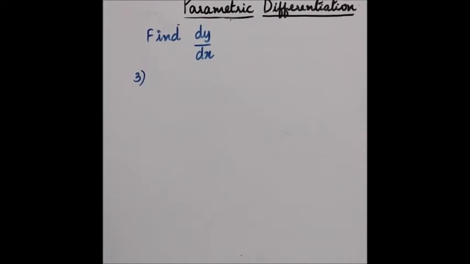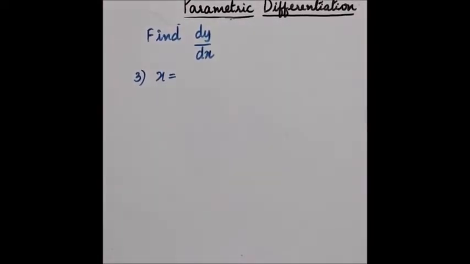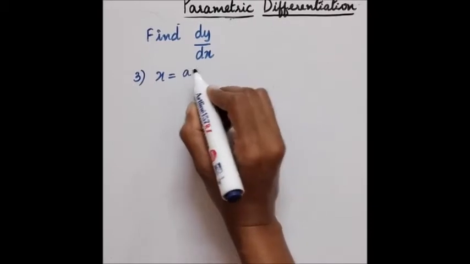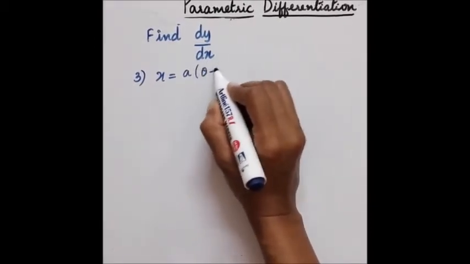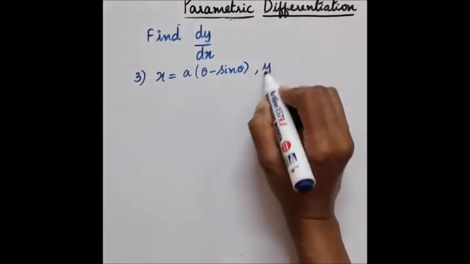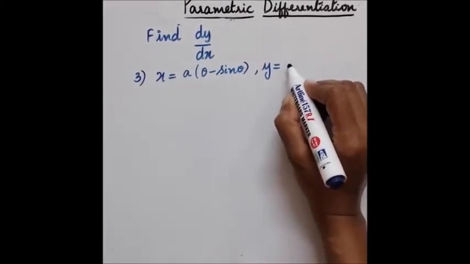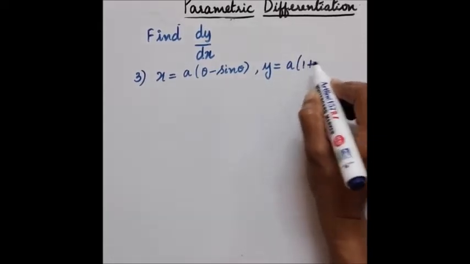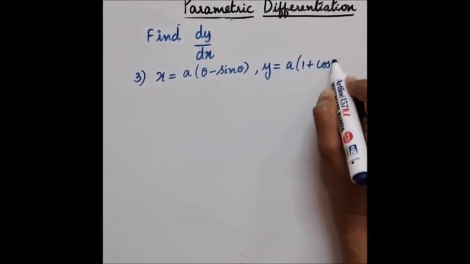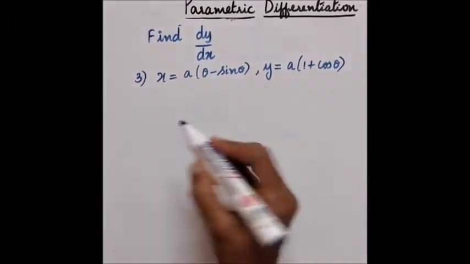The third question is x equal to a into theta minus sine theta and y is equal to a into 1 plus cos theta, to find dy by dx.